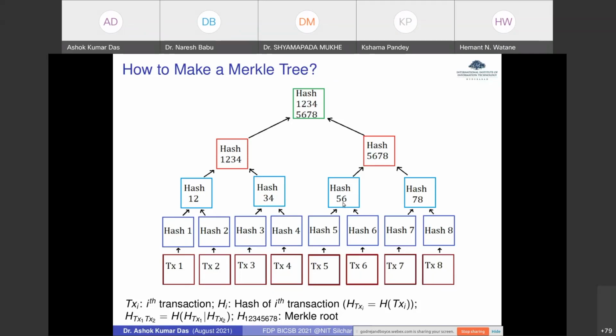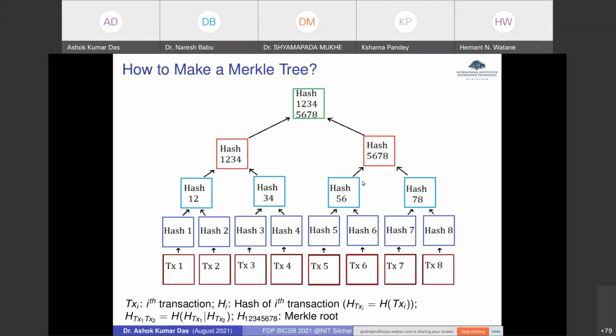Similarly, we compute hash of 5, 6 and hash of 7, 8, and from these we get hash of 5, 6, 7, 8. Finally, we have the hash of 1, 2, 3, 4 and the hash of 5, 6, 7, 8. This constitutes the Merkle tree root.